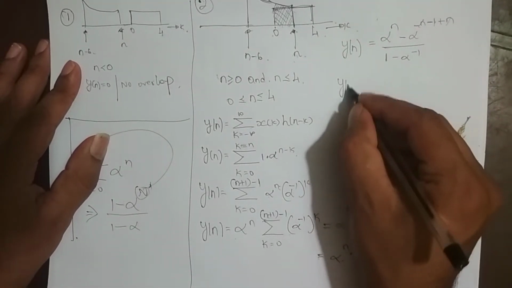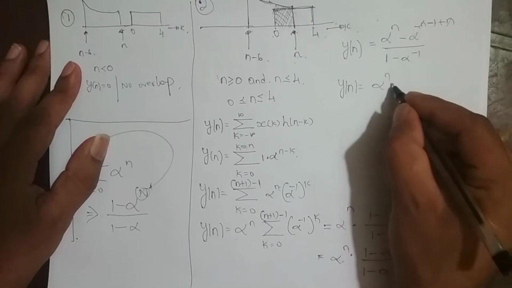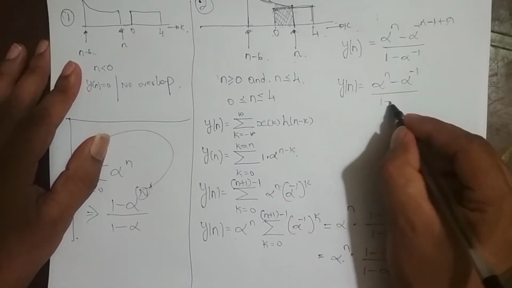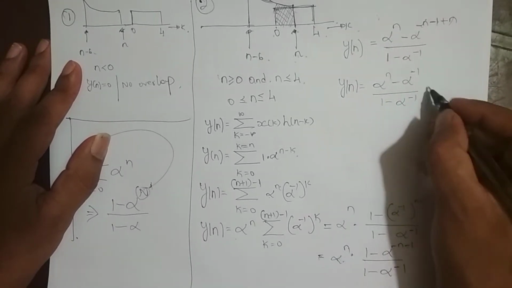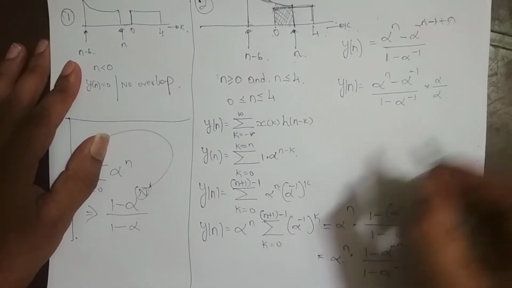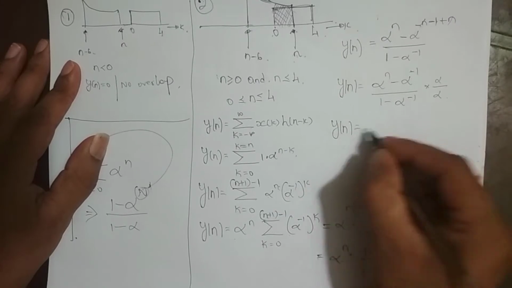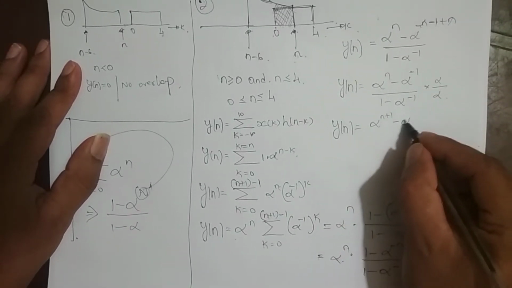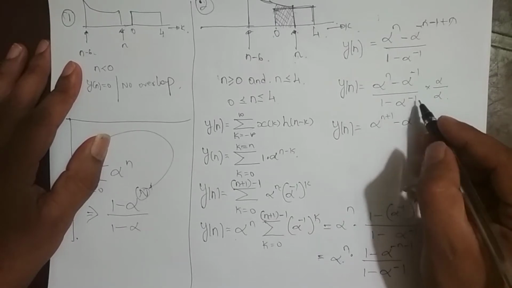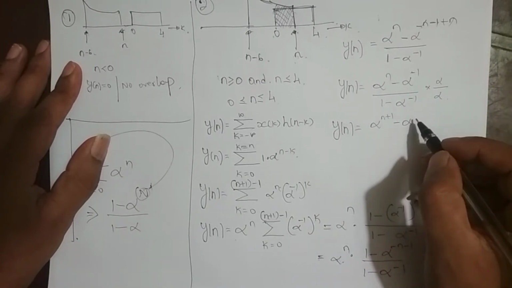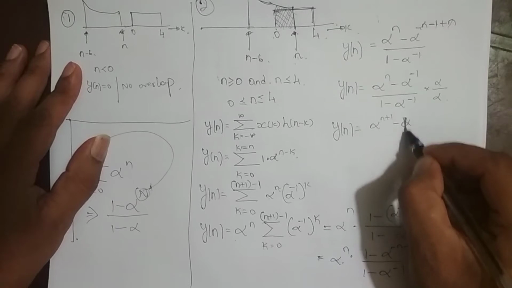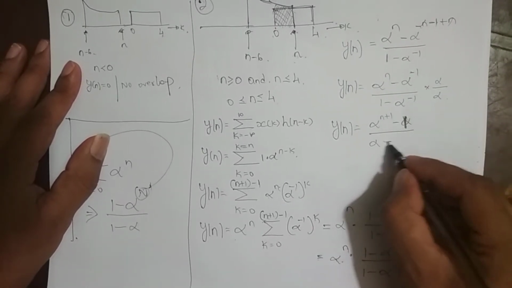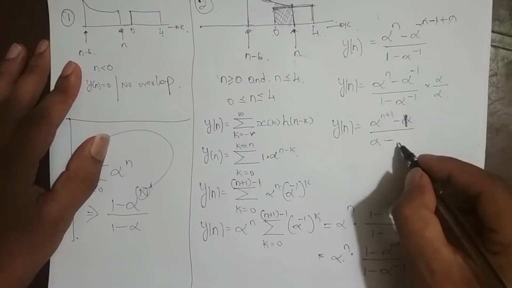Y of n is equal to what? Alpha to the power n minus alpha to the power minus 1 whole divided by 1 minus alpha to the power minus 1. So I'll multiply both numerator and denominator by alpha. So y of n is equal to what? Alpha power n plus 1 minus alpha power minus 1 plus 1 cancels out, so this is 1, whole divided by alpha minus, again minus 1 plus 1 cancels out.